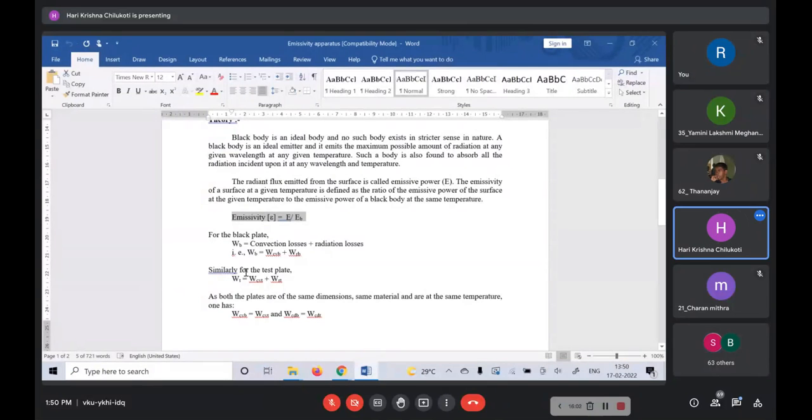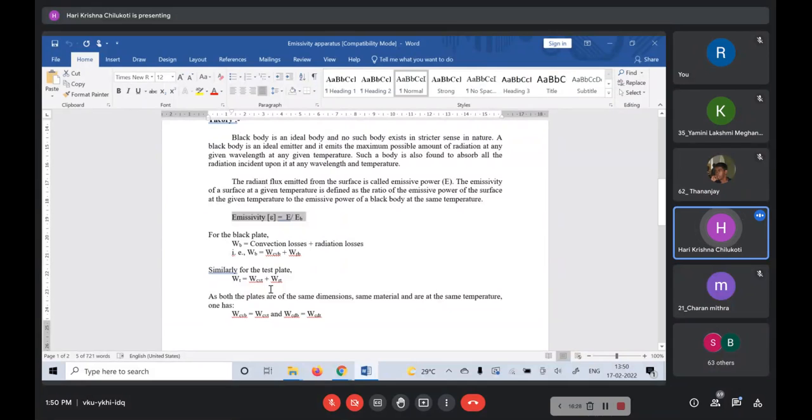Similarly, for the test plate also, heat input given, that is Wt, is equal to heat transfer by natural convection plus heat transfer by radiation. Here we are not assuming any heat transfer by conduction. We are simply neglecting it, as the heat transfer by conduction is minimal.